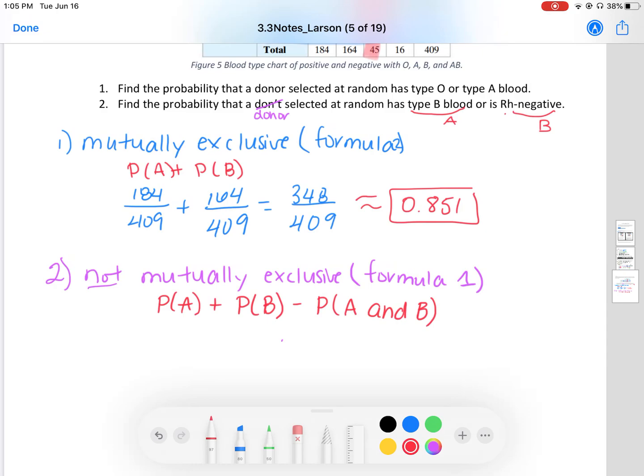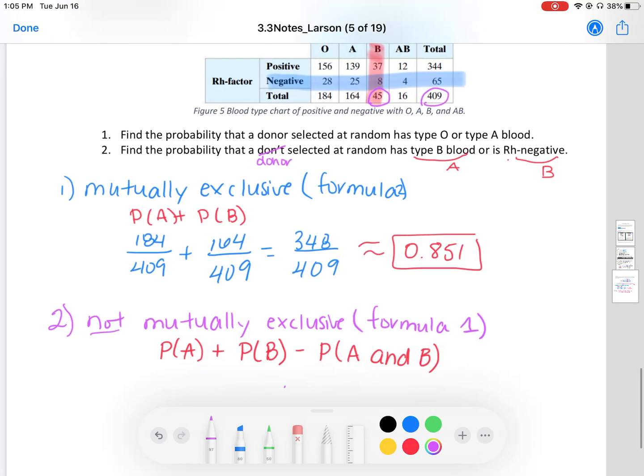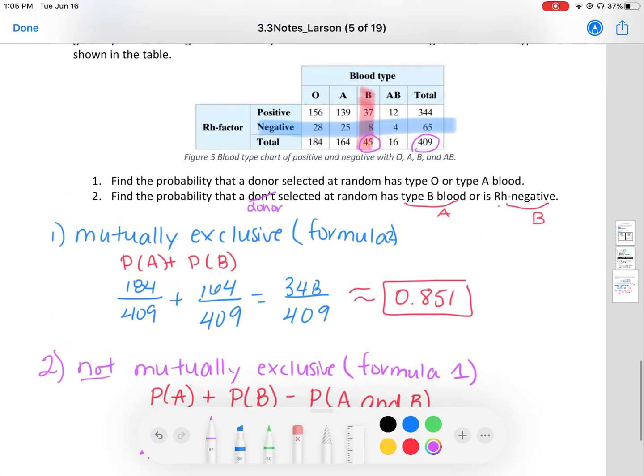So how many type B bloods do we have? Type B bloods, we have 45 out of 409. How many negatives? Negatives, we have 65 out of 409.